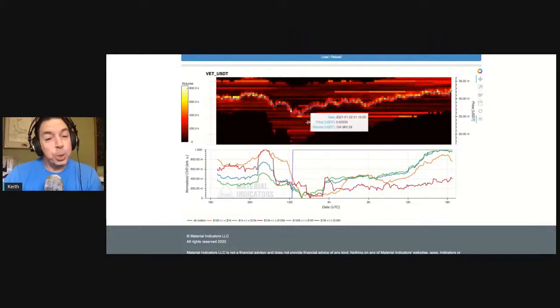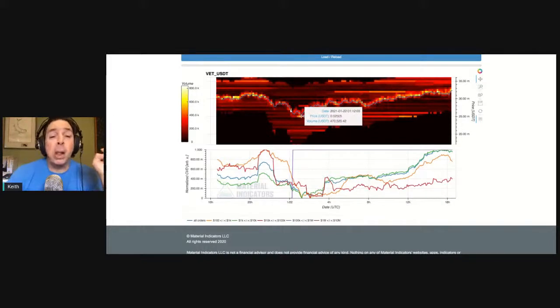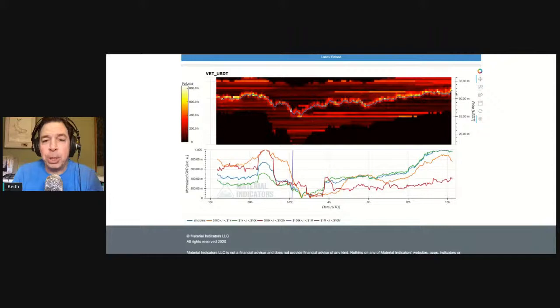I like to call that plunge protection. This trader, this whale or this shark, whatever you want to call it, I guess it depends on how big you roll, was determined to keep the price from going below this level, right? And so now it's a pretty solid trade.